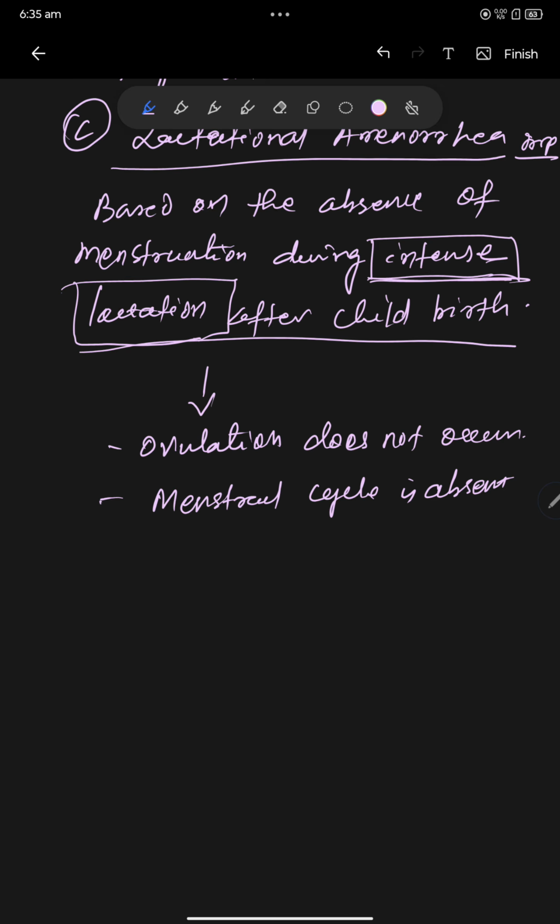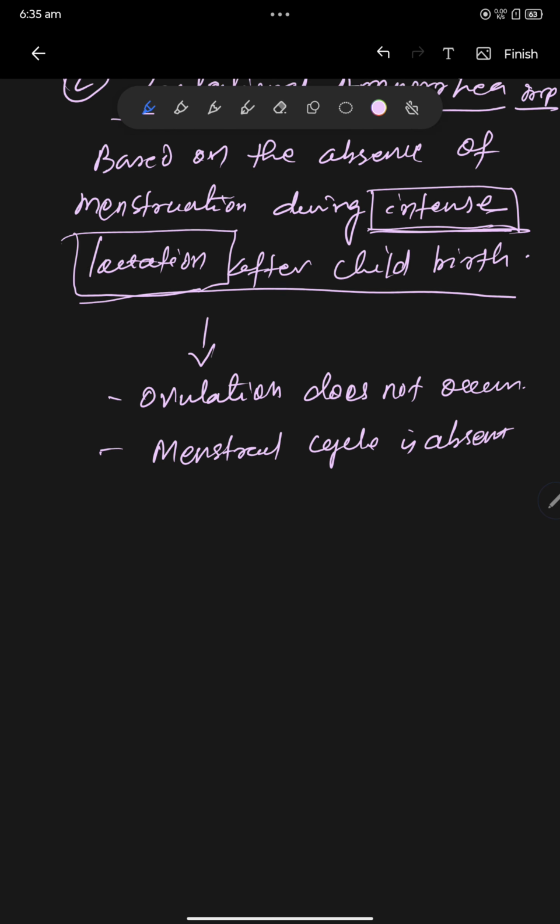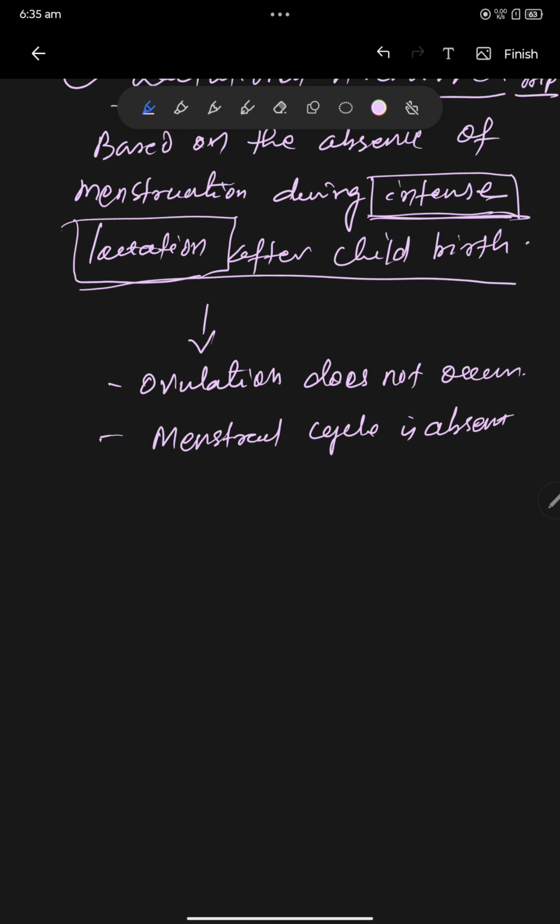During intense lactation, ovulation doesn't take place, the menstrual cycle is absent, and the chance of pregnancy is almost nil.